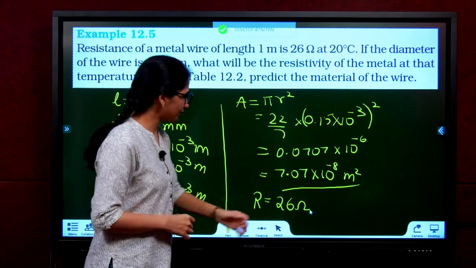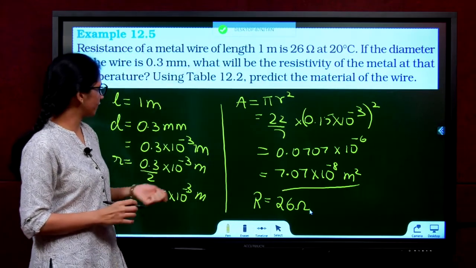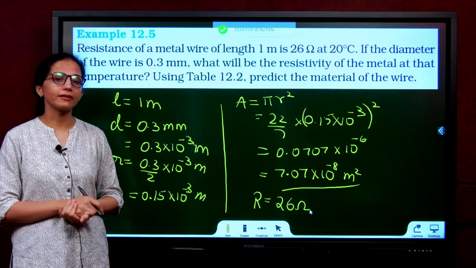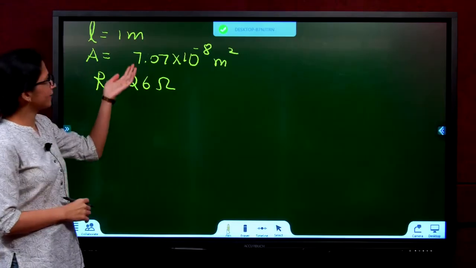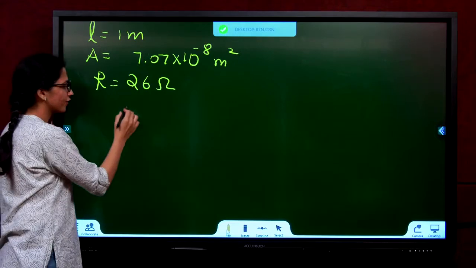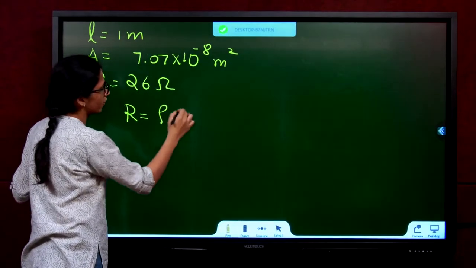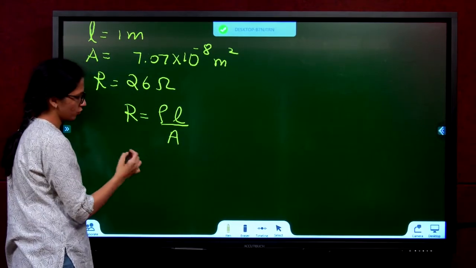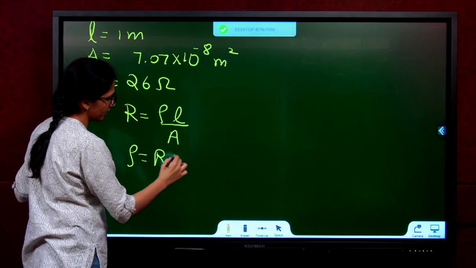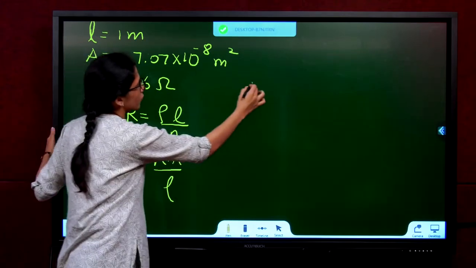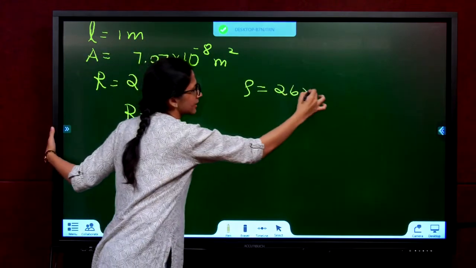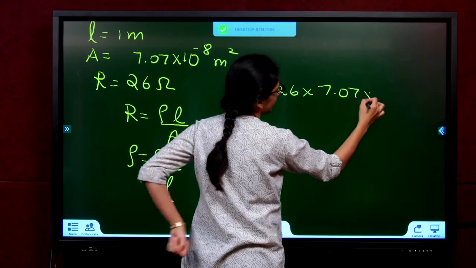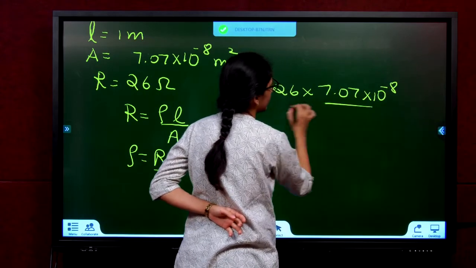So we have R equals 26 ohms, and we have the value of A. Now let's go for finding resistivity. We have the length, area and the resistance. We find the resistivity using the formula R is equal to rho L by A. We want rho, so rho is equal to R into A by L. Rho is equal to R is 26, A is 7.07 into 10 power minus 8 and L is 1.